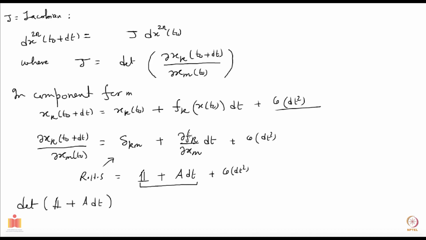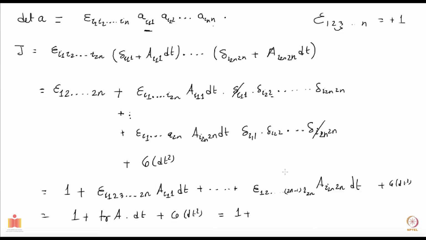So you have delta f_k over delta x_k, with summation over k, which is just the divergence of f. Remember, divergence is del f1 by del x1 plus del f2 by del x2, and so on, which is just what is appearing as the trace for you here. And dt is still there, plus higher order.